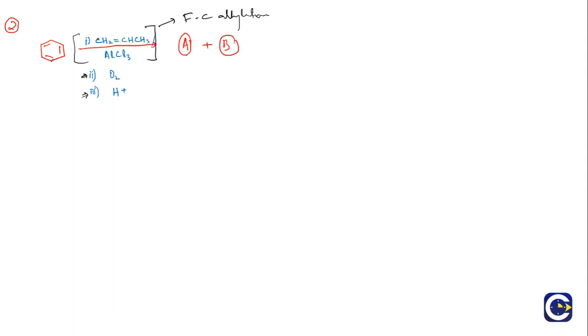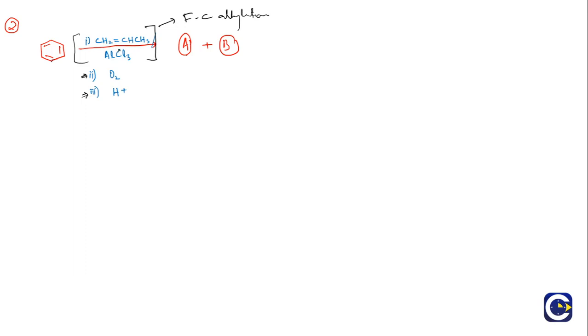But we don't need to go into the mechanism of the reaction because we have already discussed it. We have to just remember the substrate and the type of reagents that we are using in this reaction. Okay, so we have benzene that in the first step reacts with an alkene in the presence of AlCl3.